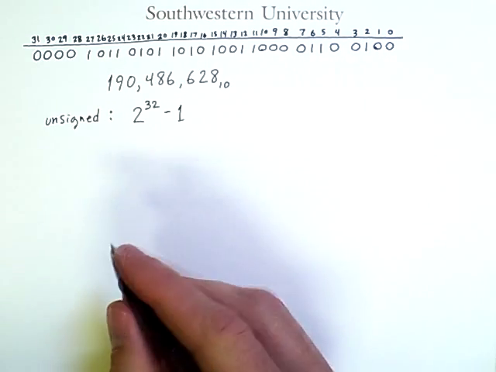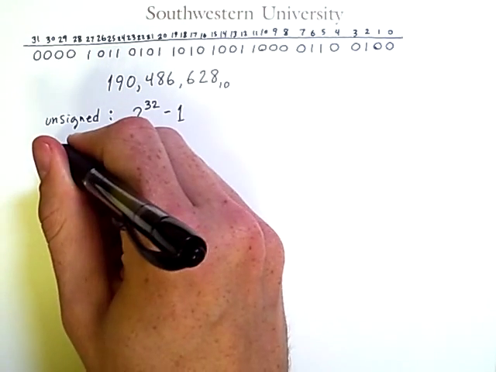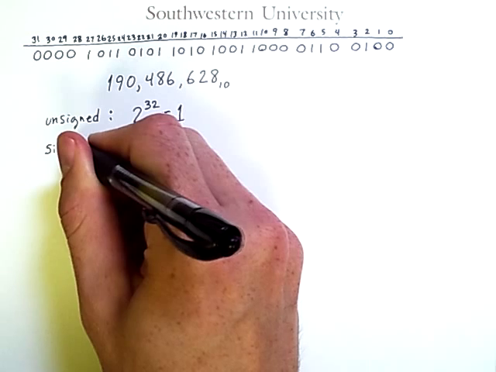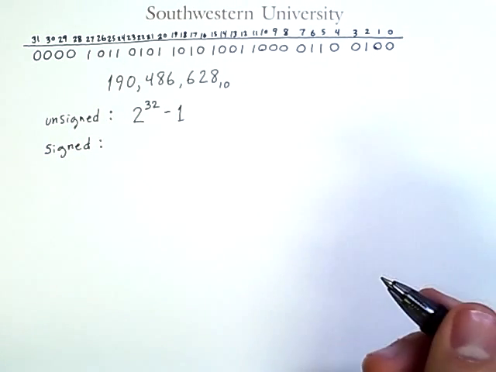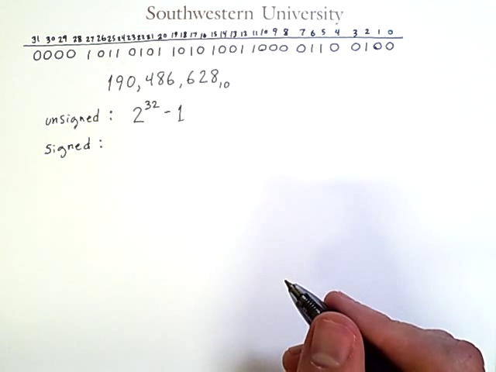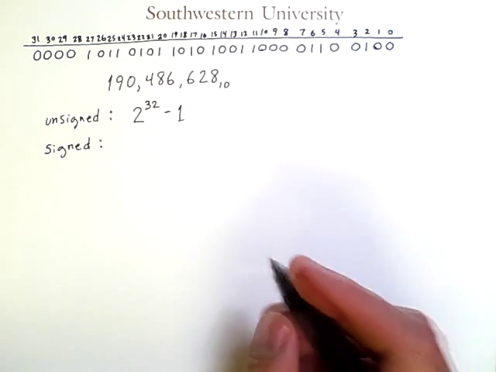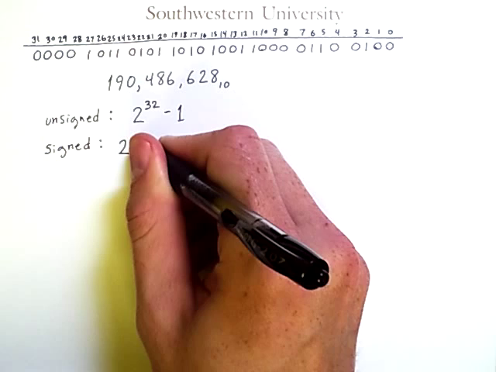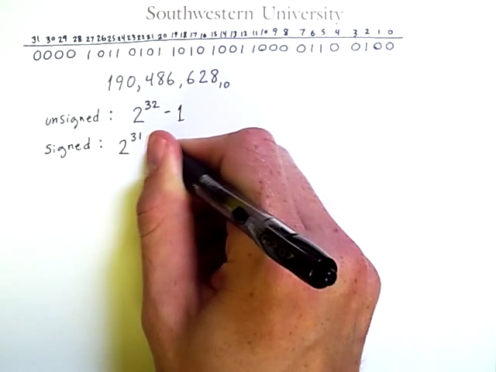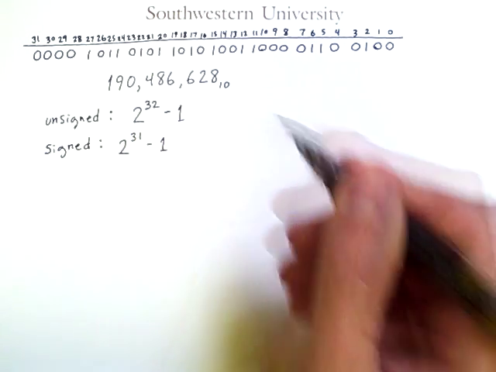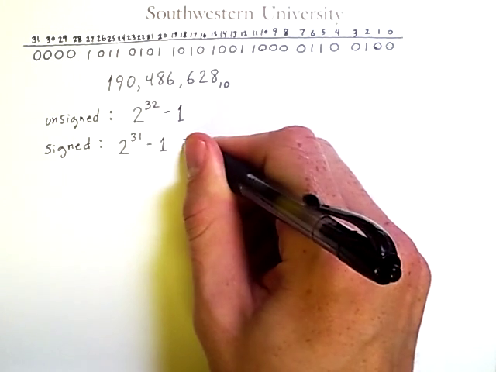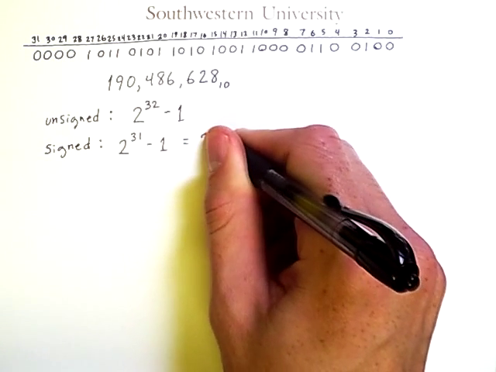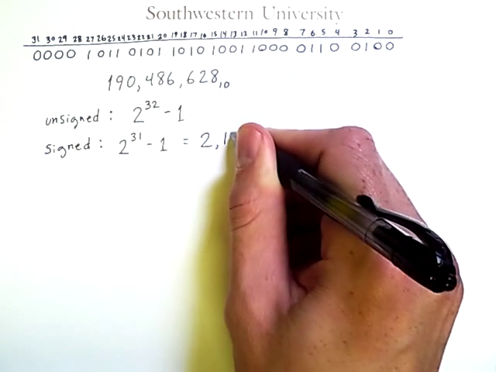However, we generally interpret these as signed values, so if we interpret the sequence of bits as a signed number, for example, using 2's complement, then the highest possible value we can represent is only 2 to the 31 minus 1. Now, that's a pretty big value. In fact, this result here is the following.